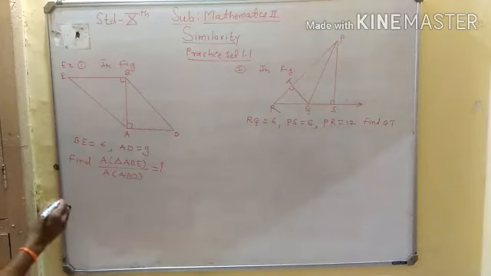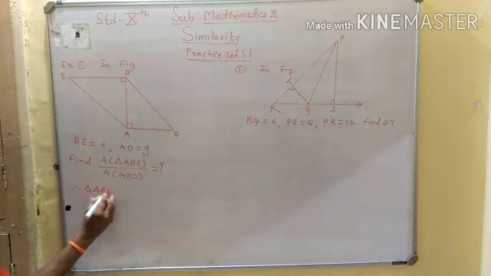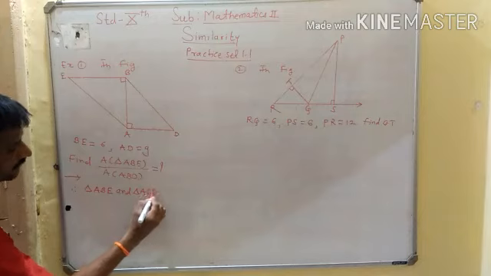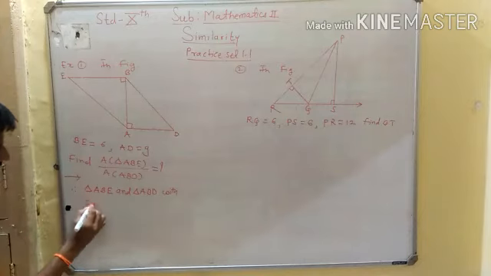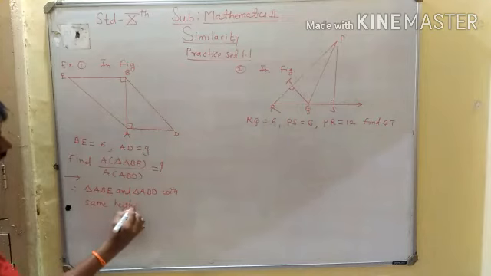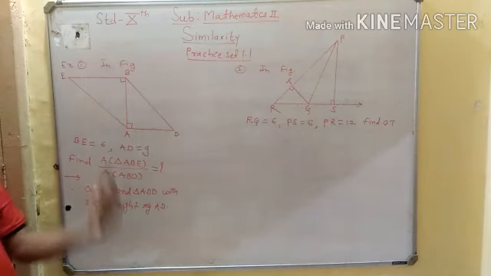Okay, therefore triangle ABE and triangle ABD have the same height, segment AB. Okay, both the triangles have the same height.